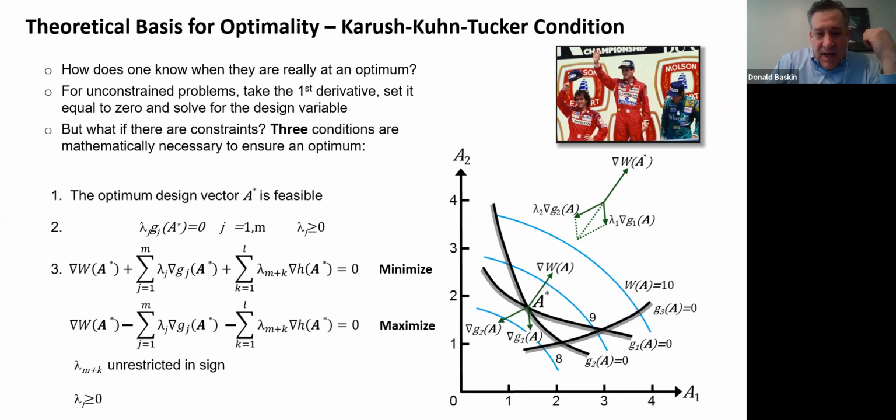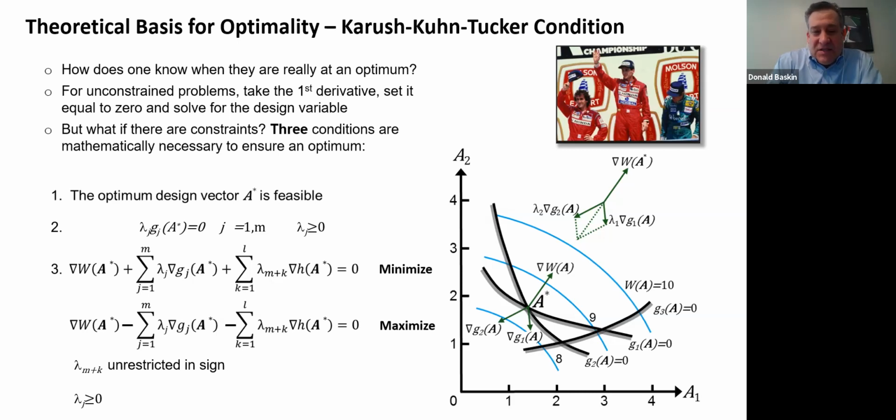Then we have these things called Lagrange multipliers. A Lagrange multiplier is another mathematical, beautiful, wonderful invention that you can look up. It was developed, I think, in the 1700s or something like that, a long time ago.